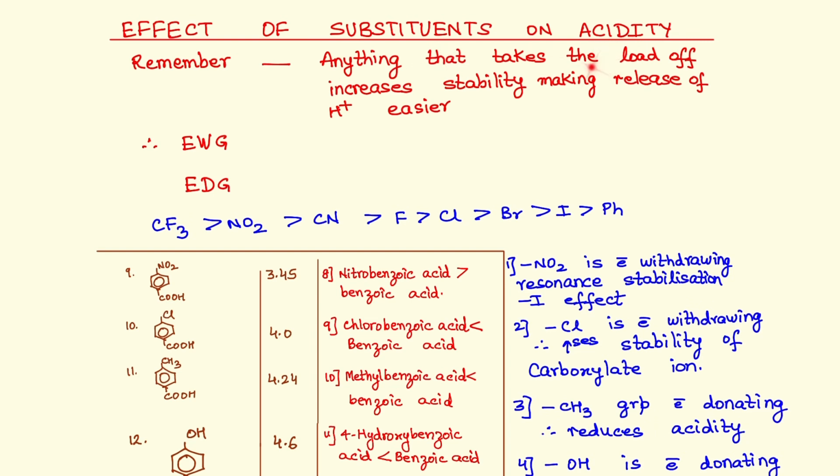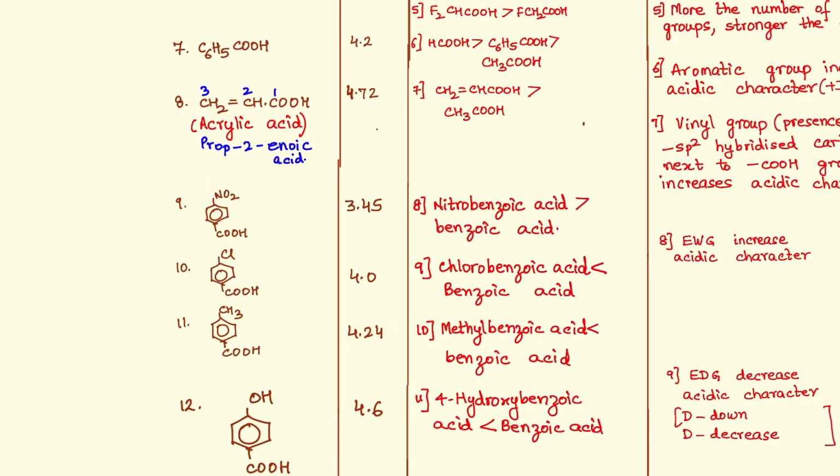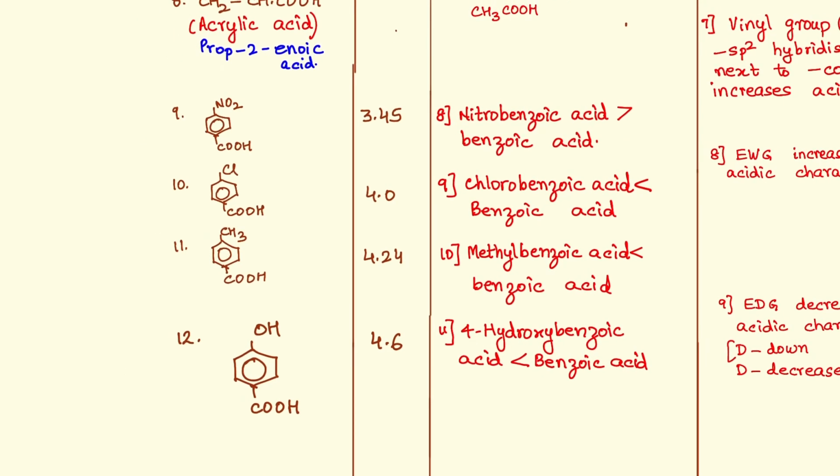We have seen in the previous video, where we compared the pKa values of nitrobenzoic acid and benzoic acid, that nitrobenzoic acid is a stronger acid as compared to benzoic acid because of its electron withdrawing characteristics, and what was decreasing the acidic character was the electron donating groups.